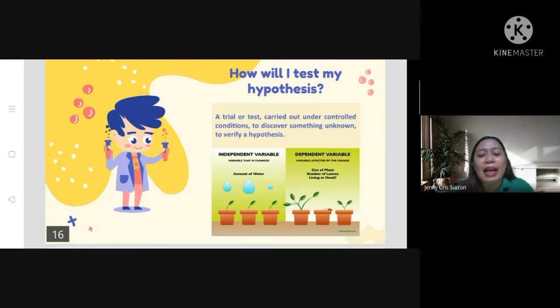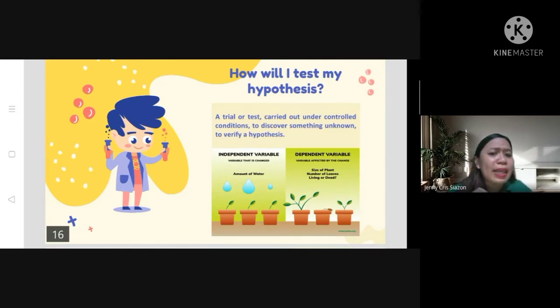Okay? Next, how about the dependent variable? This is the effect of the action that was done by the independent variable. This is the effect, this is the result to the plants, because of the application of the independent variable.